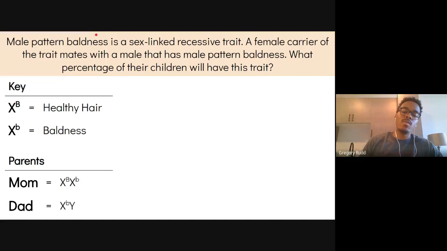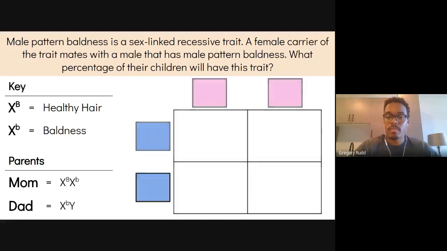So we're going to have X with a recessive B, which is the lowercase b, and then with a Y, because dad is obviously a male. So X, Y are the male chromosomes. Okay. Now we can start to make our Punnett square. So I'm going to pause here for 8 seconds to give you all an opportunity to draw a nice sloppy box.